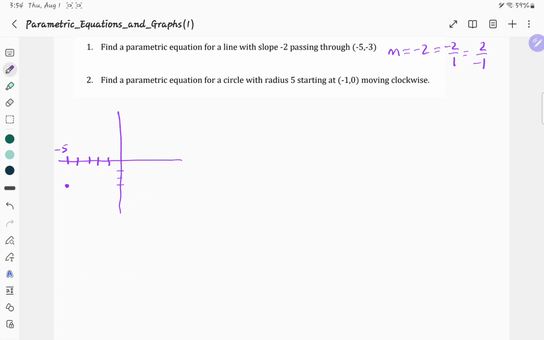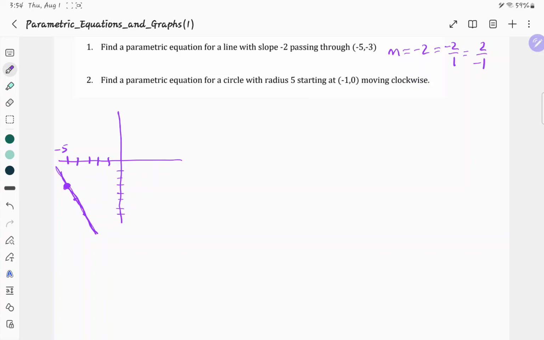Either way, since I'm already over here on the left side of my graph, I'm going to go down 2 over 1. So down 2 and then over 1, I'd put a point here. We could go down 2 more, over 1 right here. But this is going to be the line that we're going through, right through there. And this is my point at (-5, -3) that they said I have to go through.